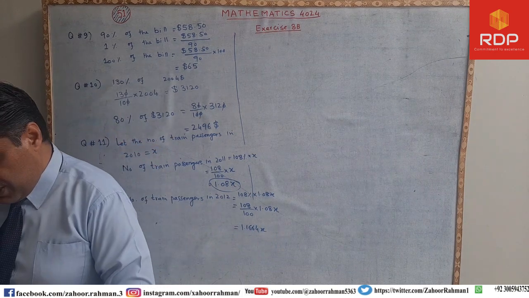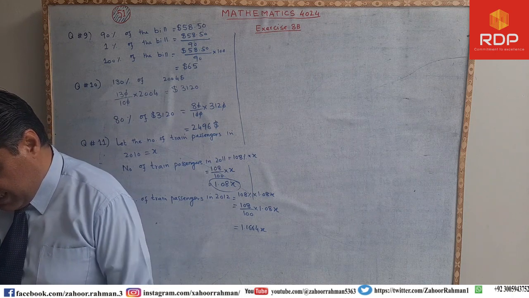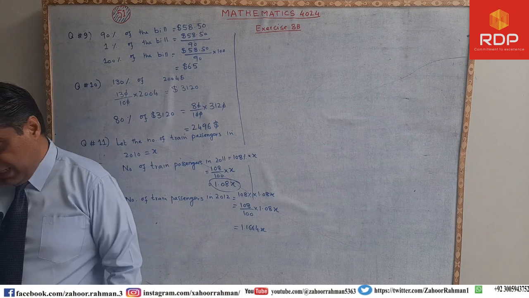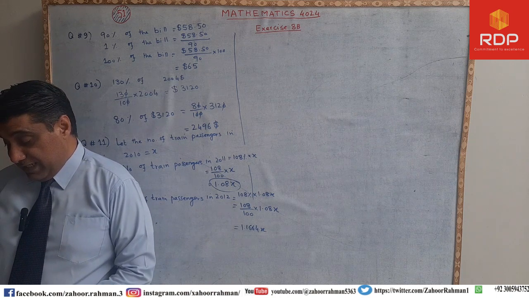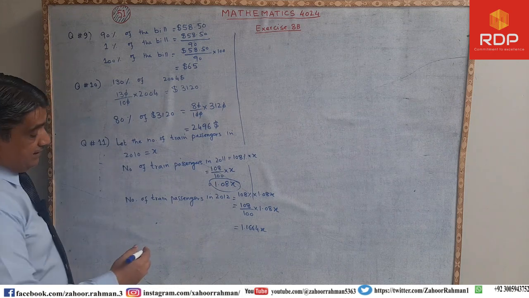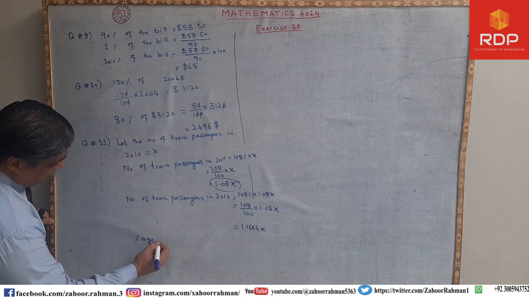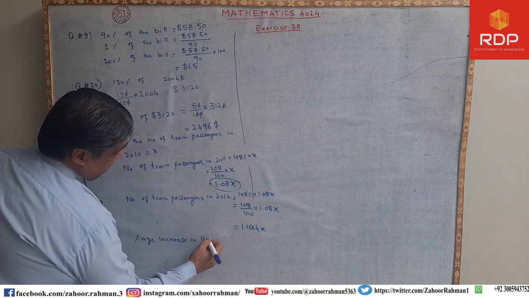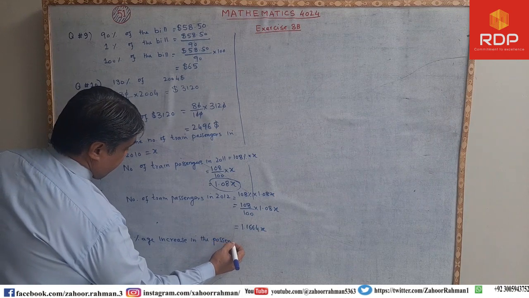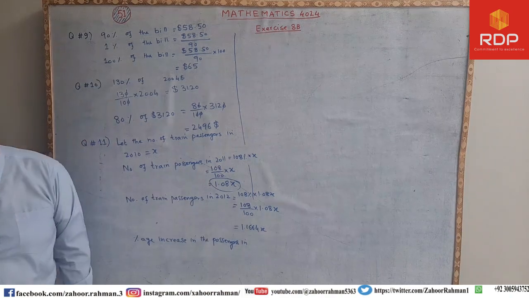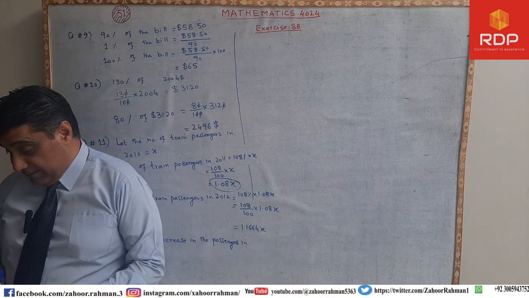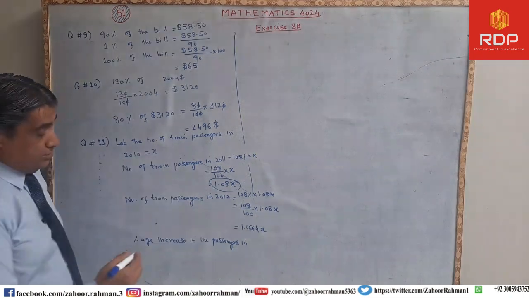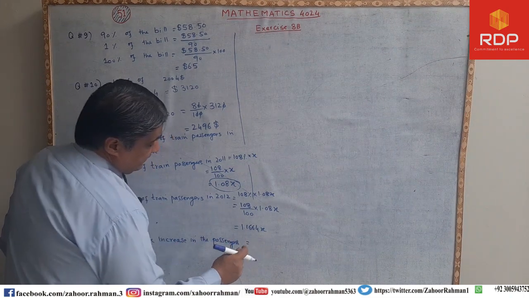1.1664X. Now the question is saying find the percentage increase in the number of train passengers from 2010 to 2012. So the percentage increase in the passengers in 2010 and 2012 is equal to, first we have to write the original.